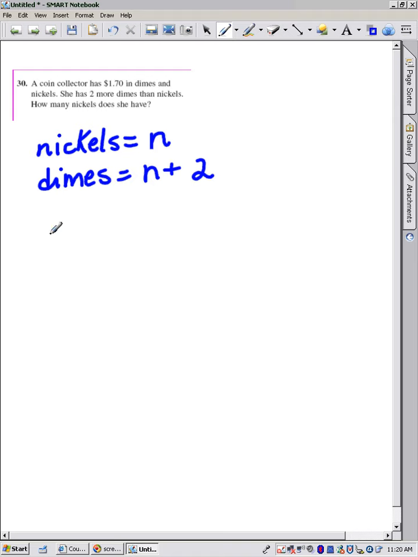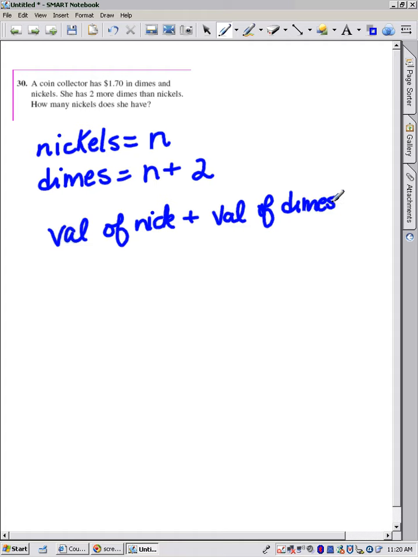Well, we know that the value of the nickels plus the value of the dimes will equal our total value. How can I find the value of the nickels? If I have n nickels and they're worth 5 cents each, or as a dollar amount 0.05, the value of that would be 0.05 times n.